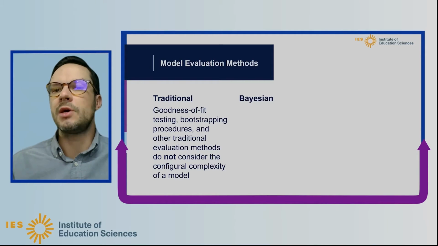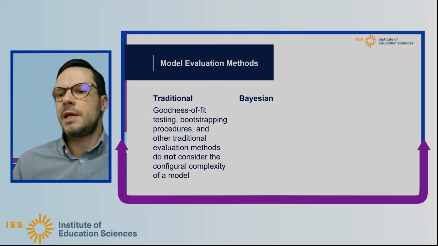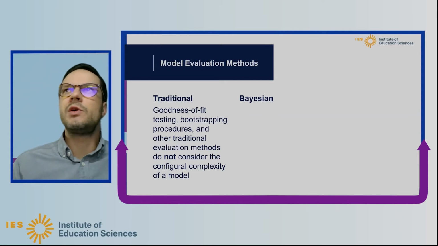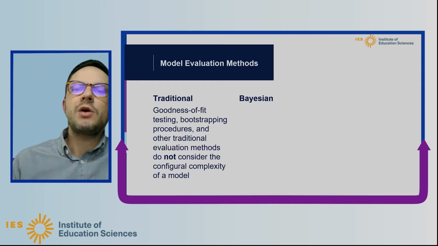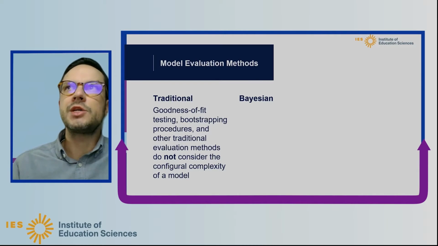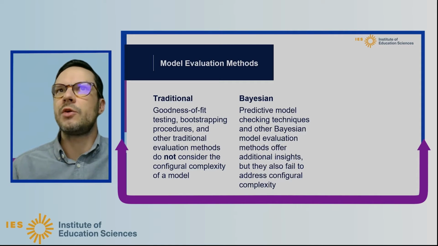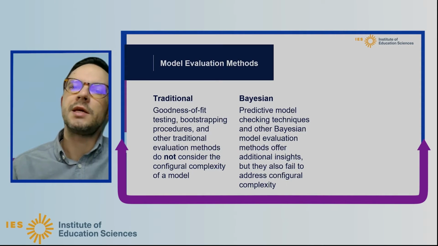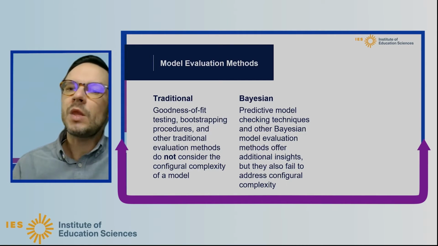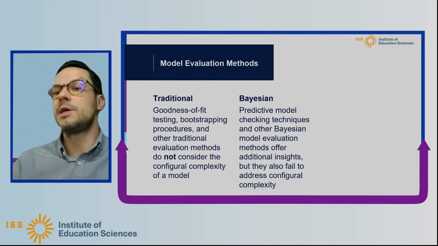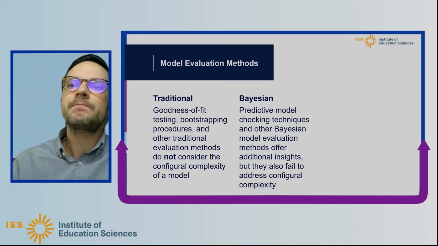An alternative might be to look into the Bayesian perspective, and Bayesian inference provides very useful model evaluation methods, such as predictive model checking techniques. But while they may provide additional insights beyond the traditional methods, they also fail to address configural complexity. It's very hard to detect this hidden complexity with these either traditional or Bayesian approaches that make up essentially all of educational model evaluation methods.